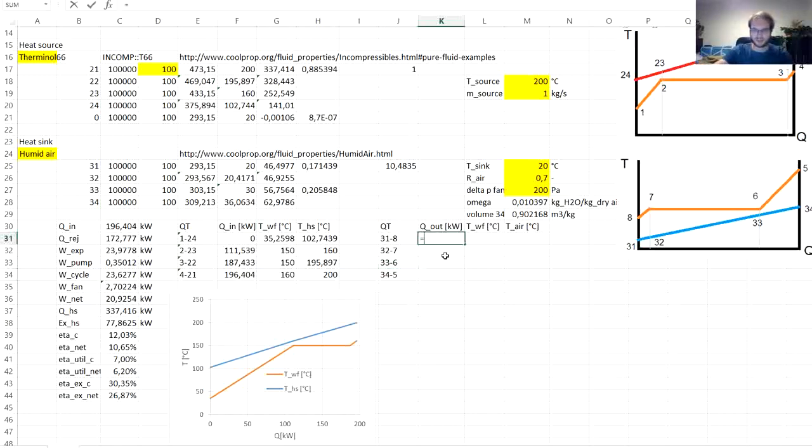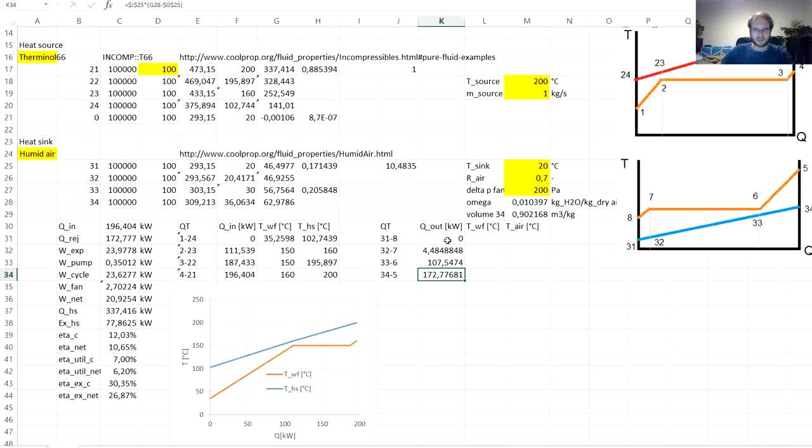So the heat transfer will start again at 0. The first point is mass flow rate times difference in enthalpies, enthalpy at 32 minus enthalpy at 31. And again, let's lock the 31 and let's lock the mass flow rate. And again, the overall heat transfer in the heat exchanger is the rejected heat.